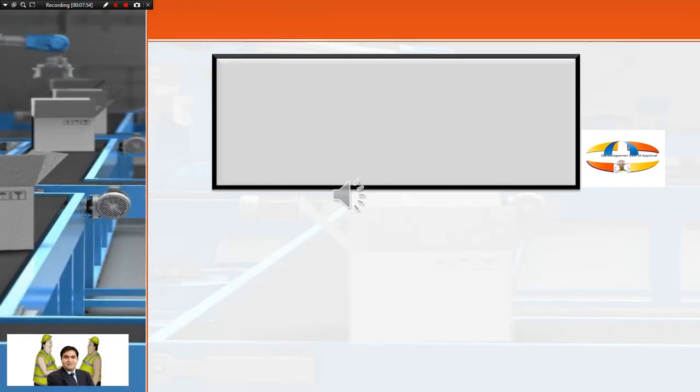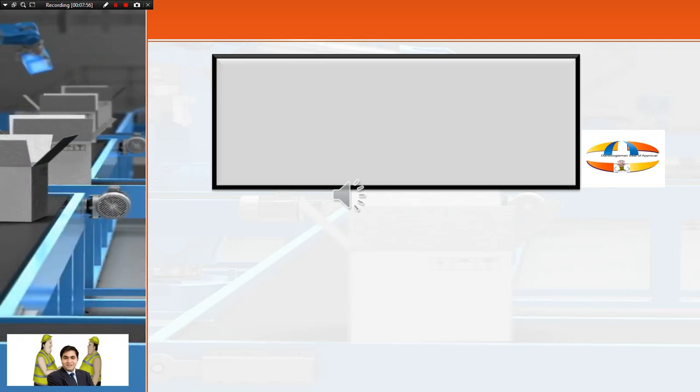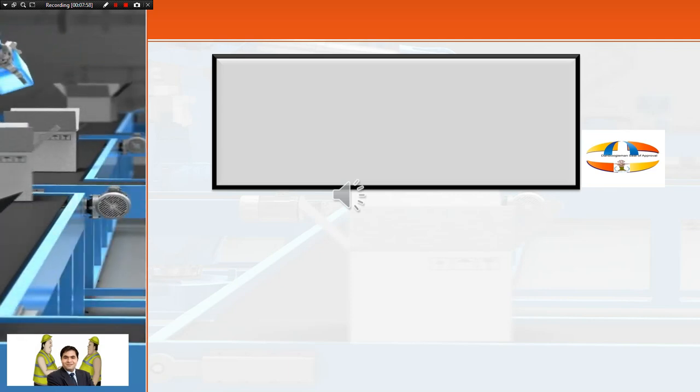Machine guarding principles. If it moves, it merits the attention of the machine shop worker and management.